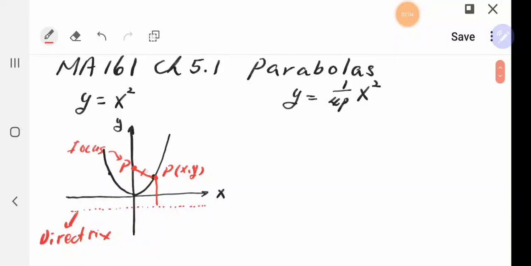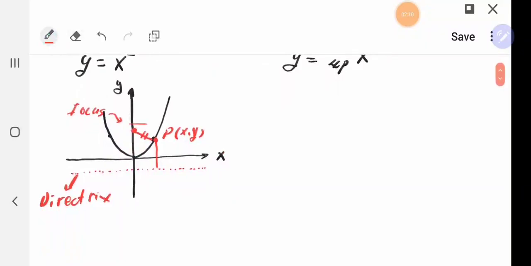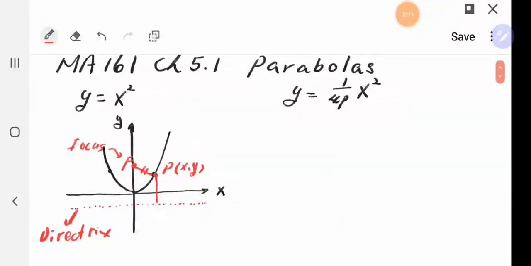So the distance between the focus, let's use F for this one, to the point, and from this point to this point, let's say this is a directrix point.